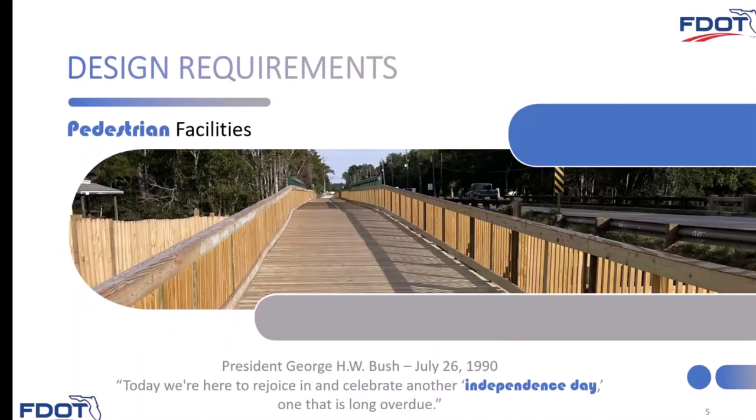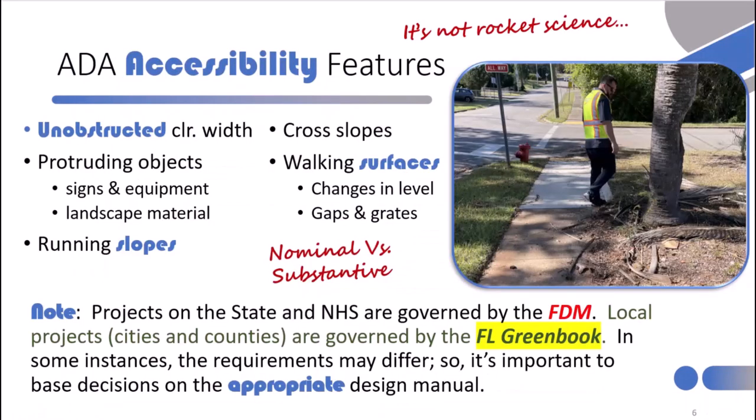So now we're going to address the design requirements of the FDOT. First of all, I want to mention that it's not rocket science. At the end of the day, you can boil down the primary elements that have to be considered for accessibility and safety down to the unobstructed clear width, which feeds directly into the next bullet for protruding objects. There we're dealing with signs and equipment and landscape material.